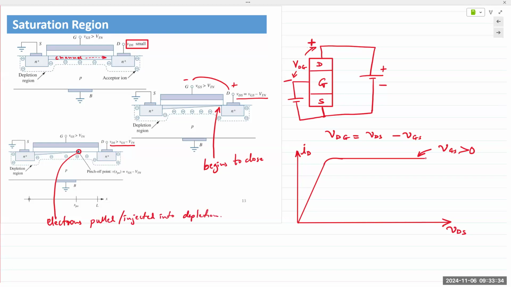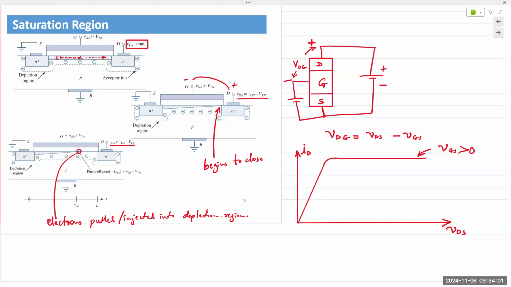So right before it pinches off, the electrons were flowing at a steady rate, right? It was rising in a linear fashion. But once the channel pinches off, the electrons are now pulled into the depletion region. And because of the positive voltage applied at the drain, they are attracted to the drain, and they are pulled and swept out towards the drain.